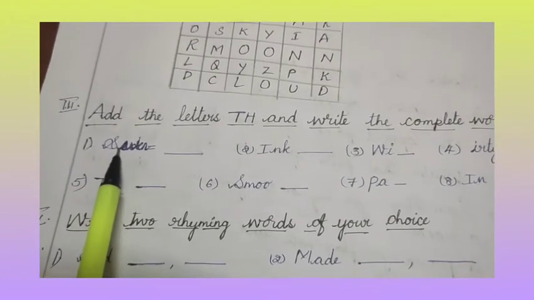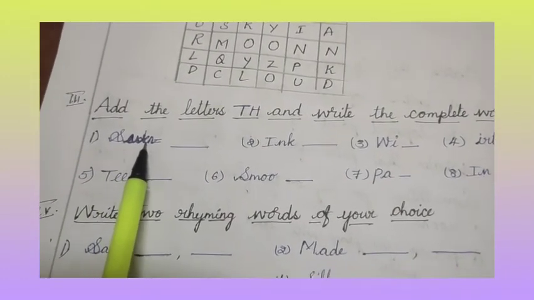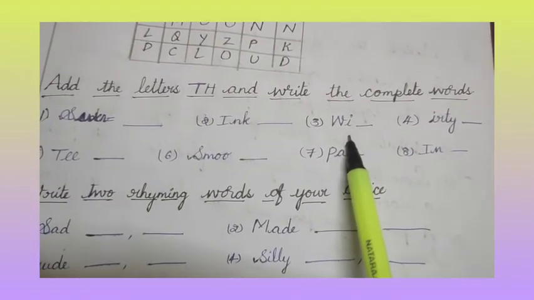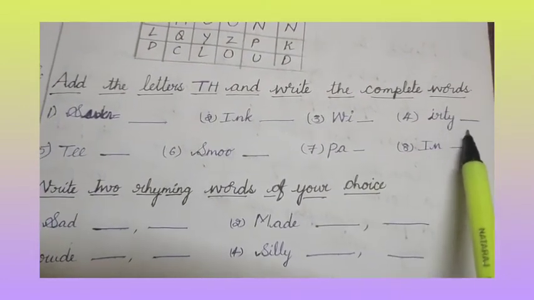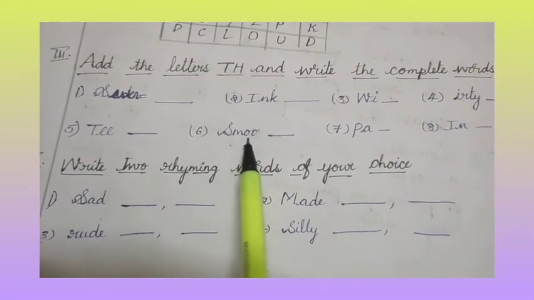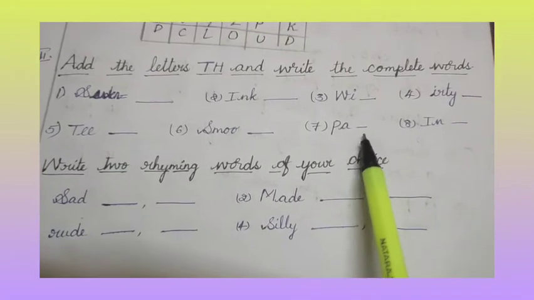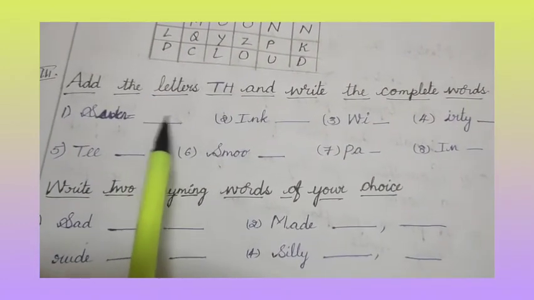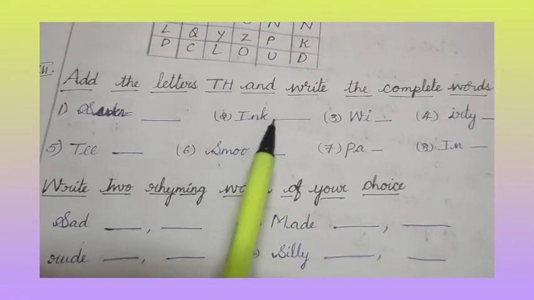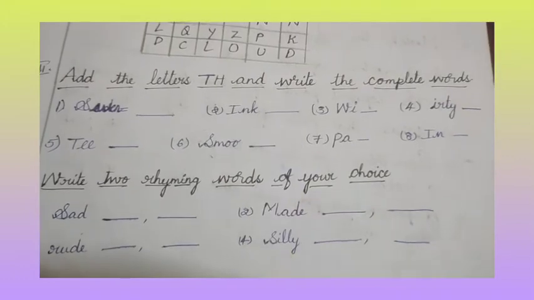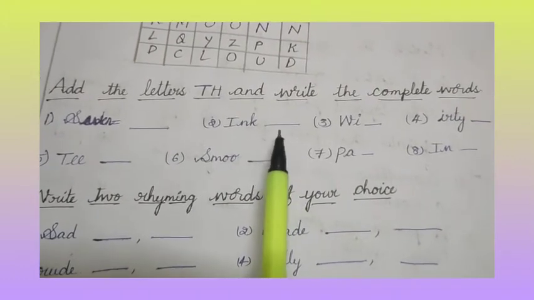Let us say SEVEN, 7, INK, WI, IRTY, TEE, SMOO, PAIN. So you have to add TH to the given word, whether before or after the word. You have to write the correct spelling.